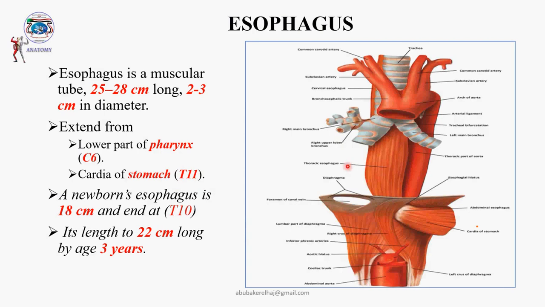The length is about 25 to 28 centimeters; 28 is the maximum, but commonly it is 25 centimeters long, and the diameter is about 3 centimeters. It extends from the lower border of the pharynx at the level of C6 and continues downwards to the cardiac opening of the stomach at the level of T11.